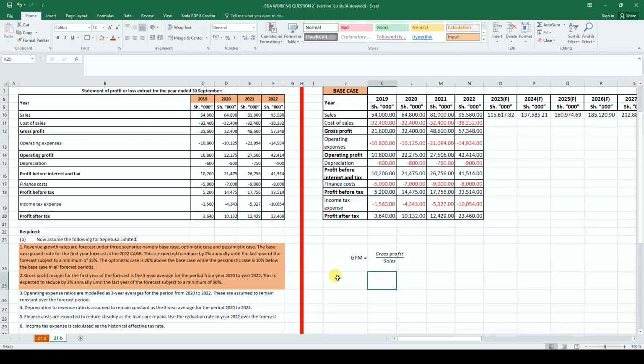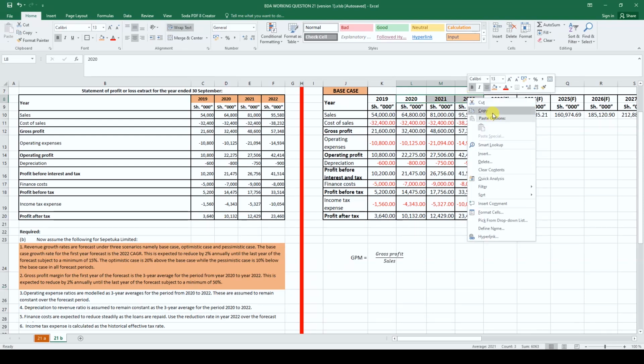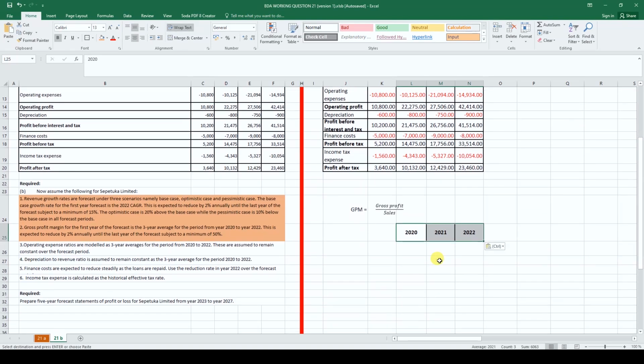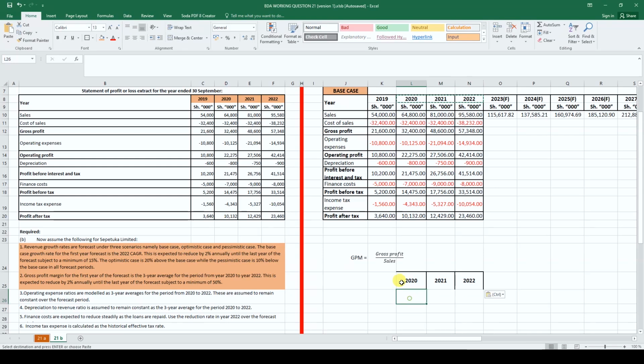So if you'll allow me, we could compute the gross profit margin from the years 2020 through to 2022. So I will do it right over here because it corresponds with 2020 to 2022. Copy, just put that down over there, like that, the years. And you are saying that the gross profit margin is gross profit over the sales.